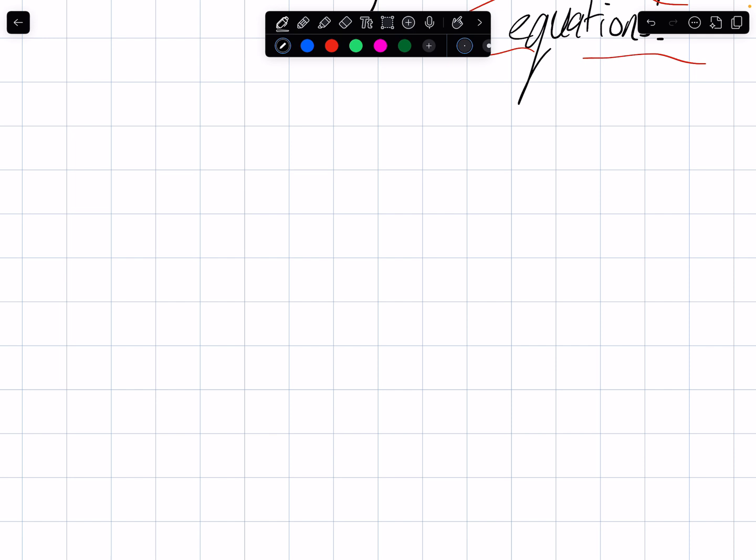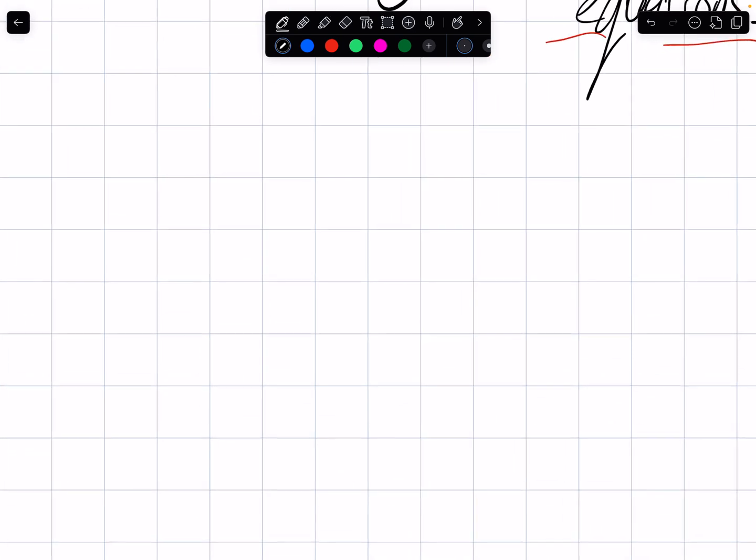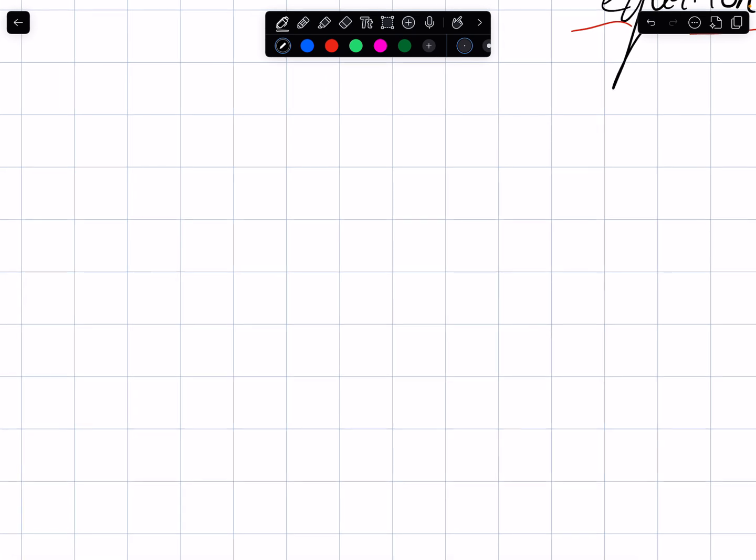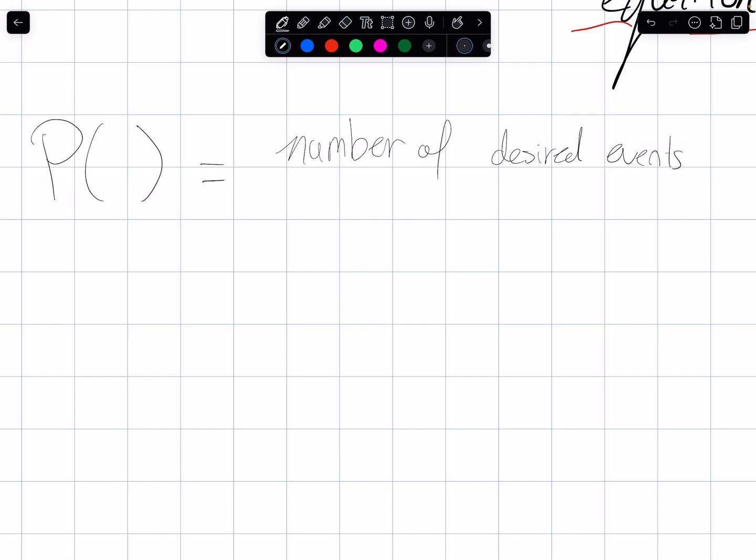Moving on, the very first thing that we need to understand is that the probability of something happening is equal to the number of desired events over the total number of events, or the sample space.